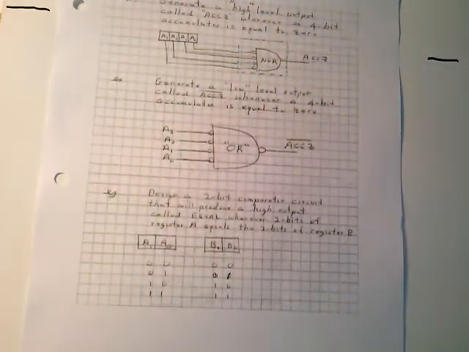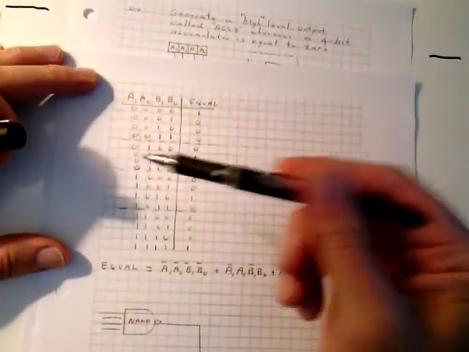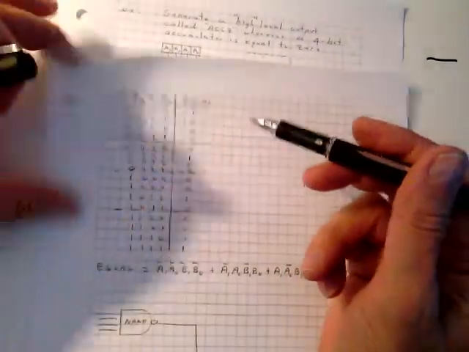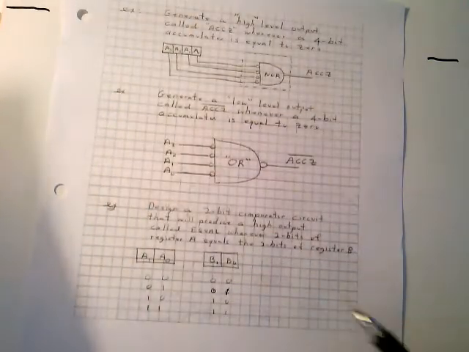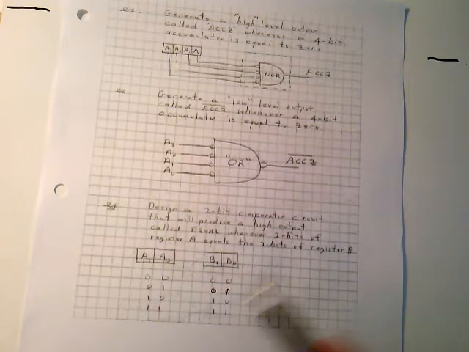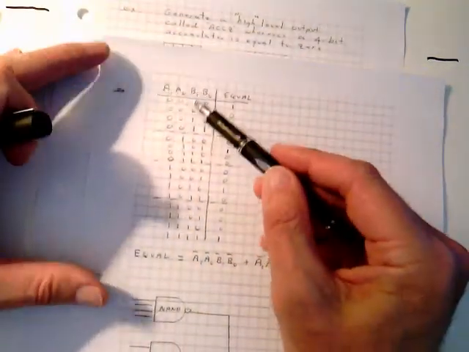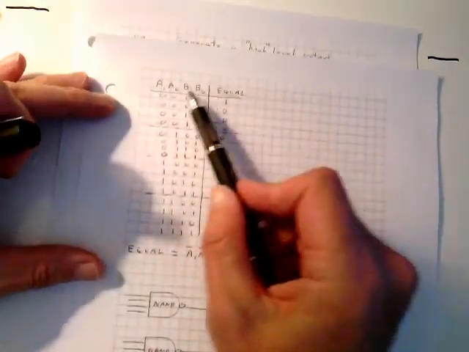Well, if you look at the next page, I go to the truth table, and here's my inputs. I have 4 inputs. If you want to draw the simple block diagram, maybe it would be helpful to see, but it has 4 inputs and 1 output. You list the inputs.